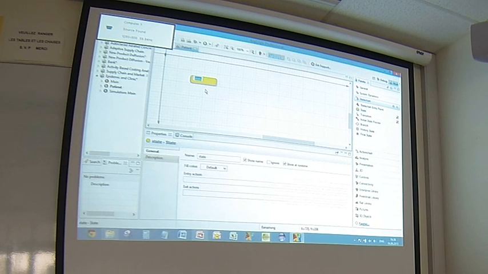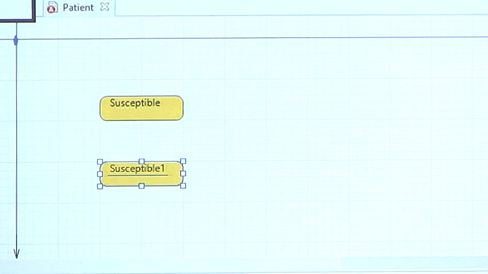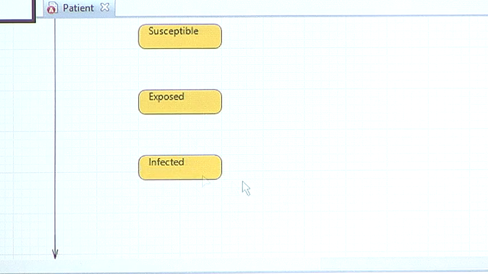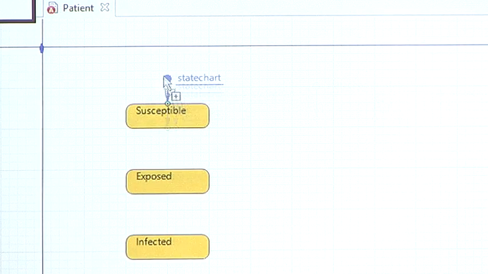My patient initially is not sick, but can be infected. Susceptible state. If the person gets infected, the terminology in epidemiology is that we say they are exposed. After the incubation period, we'll say infected, discovers symptoms. This is the initial state.